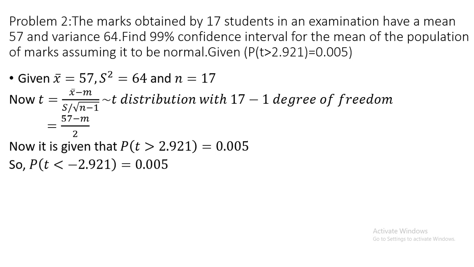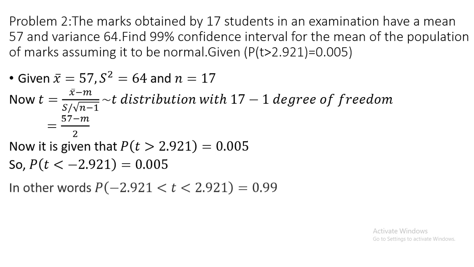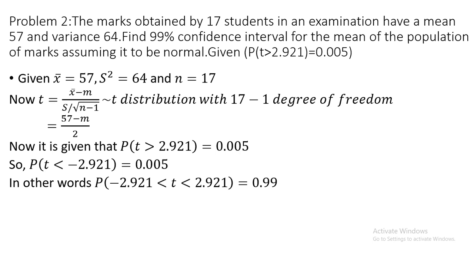I have just calculated that probability t greater than 2.921 and probability t less than minus 2.921 are each 0.005. This point is the key factor of the problem. You should understand this key factor, otherwise you cannot solve the problem. In other words, between the two points minus 2.921 and plus 2.921 the probability is 0.99.